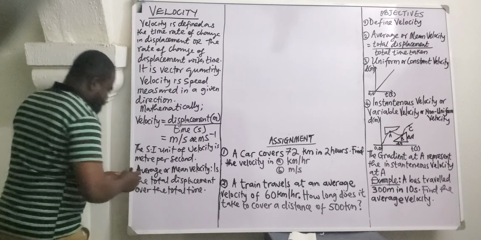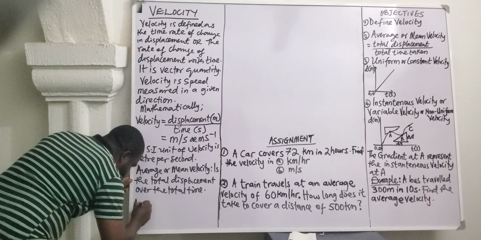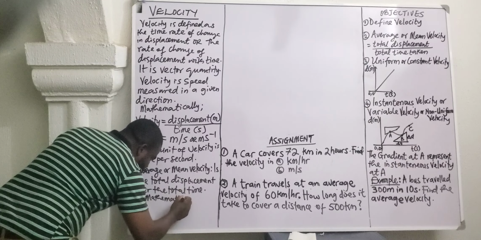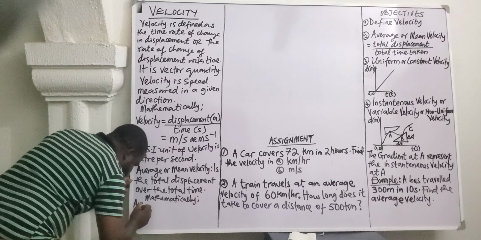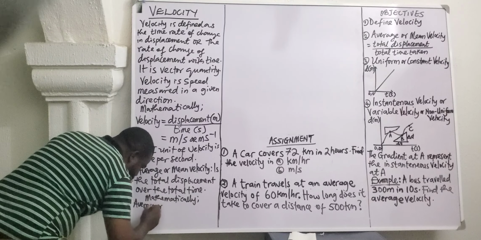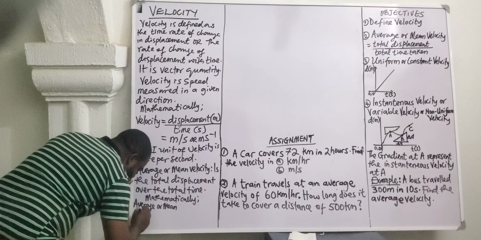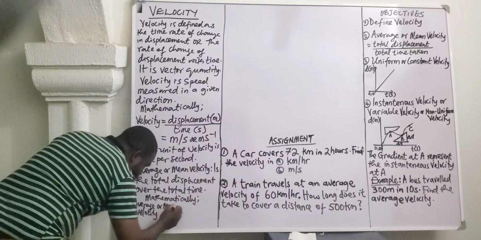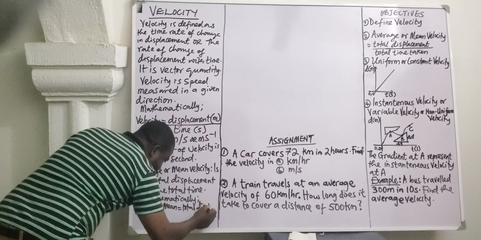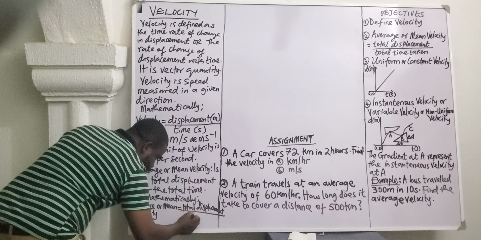That is, by formula, average or mean velocity equals total displacement over total time.